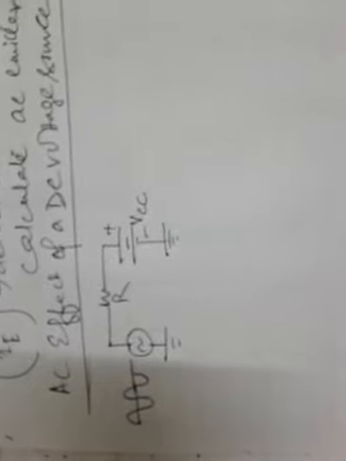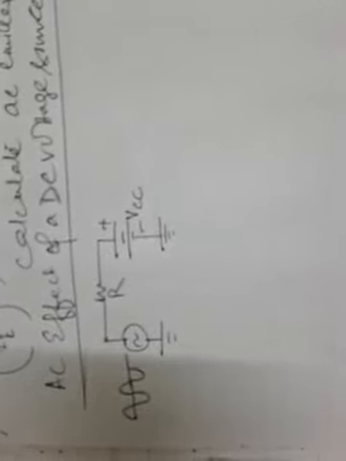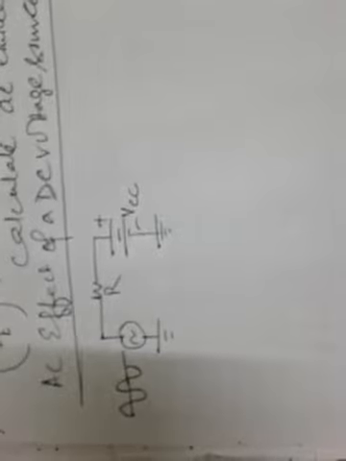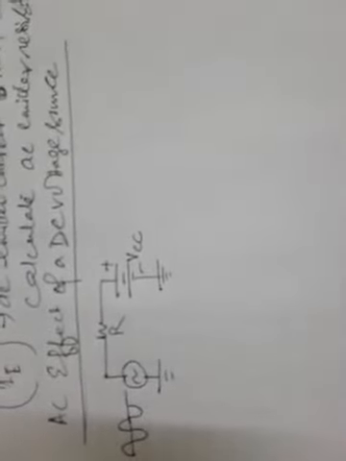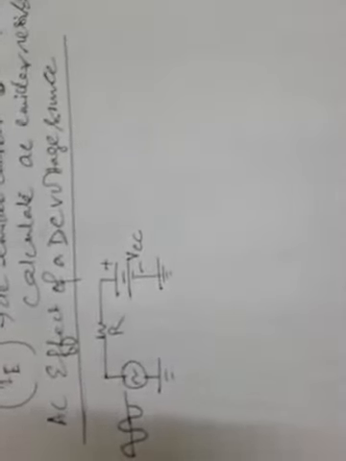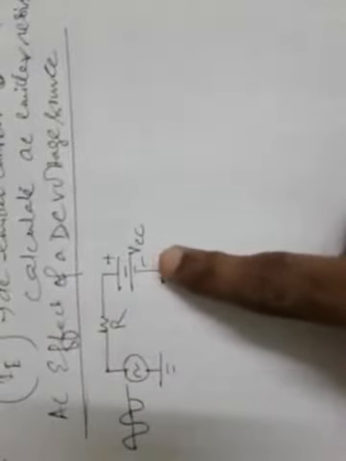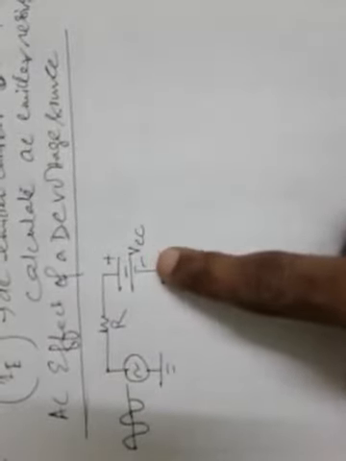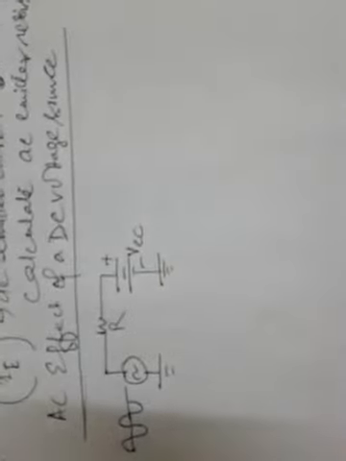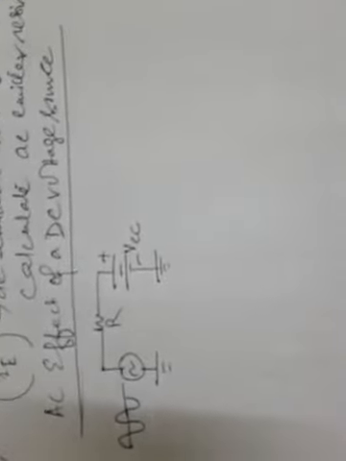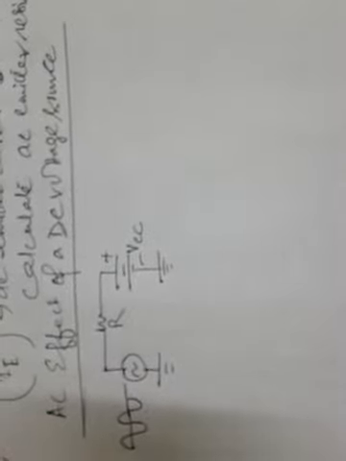As far as the AC current is concerned, the DC voltage source acts like an AC short. Now why is this so? I am repeating once again that when we check the AC effect of a DC voltage source, that means the AC effect on this voltage source VCC, we will see that the DC voltage source will act like an AC short.